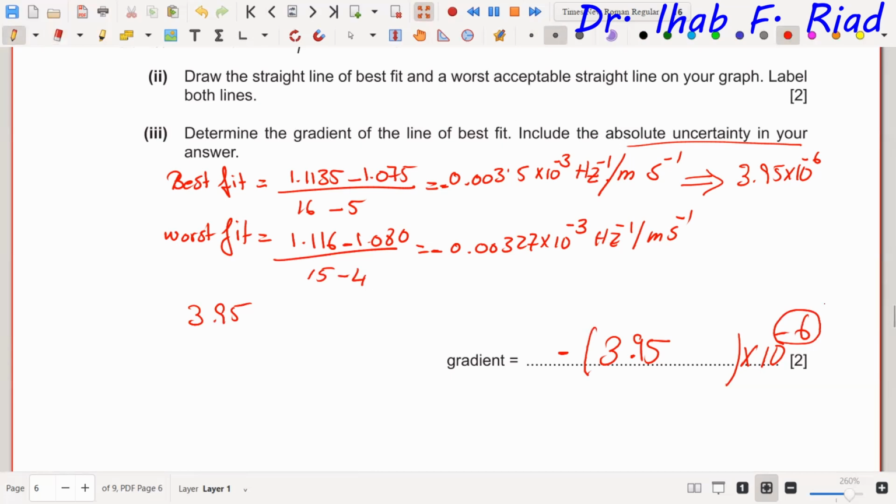Three, 4, 5, okay? So it is 3.45. And what is this? 3.27. How much do I get? 0.18.